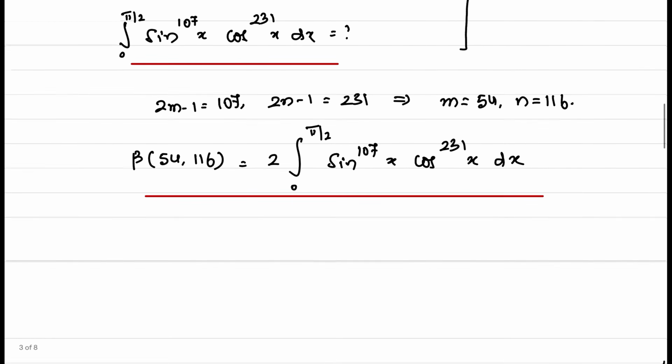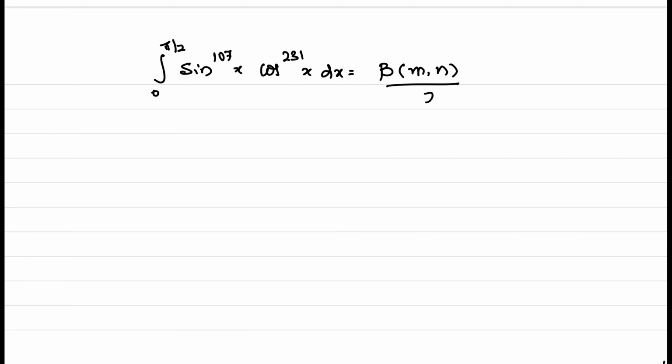So what we have to find out is the integral. Please try to understand the steps carefully. Integral 0 to pi by 2 sin to the power of 107x cos to the power of 231x dx is equal to beta mn by 2.